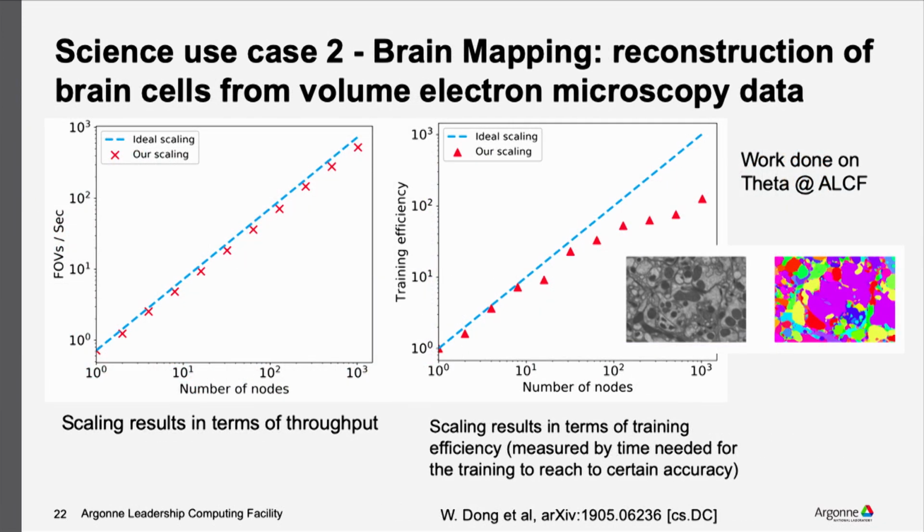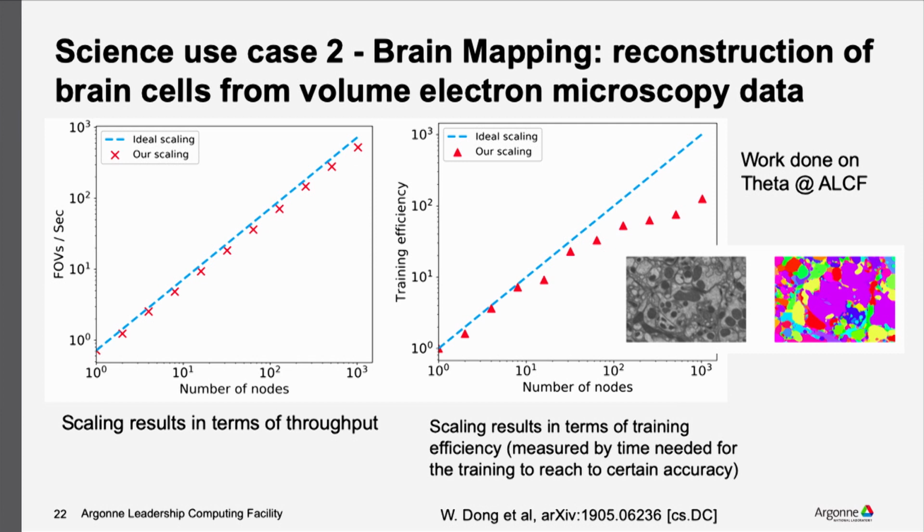And this is another project, which uses a deep neural network to map the brain image. The data was from X-ray, and we use a deep neural network to do segmentation to find all the biological neurons. And there are two scaling plots shown here. The first one shows the scaling of the total throughput.